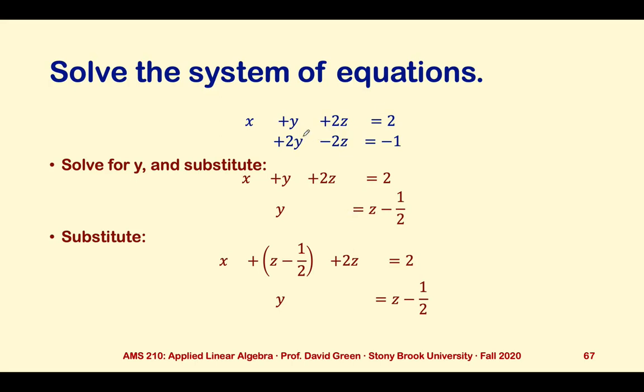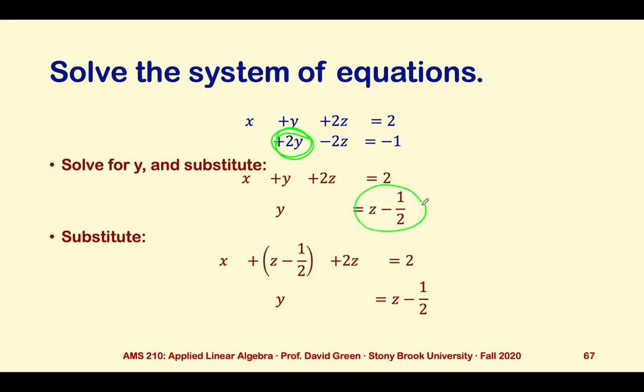So, back substitution starts with the bottommost equation. Identify the pivot of that equation and try to solve for it in terms of the free variables. In this case, move the negative 2z over to the right, gives us 2z minus 1, then divide through by 2 gives us z minus a half.